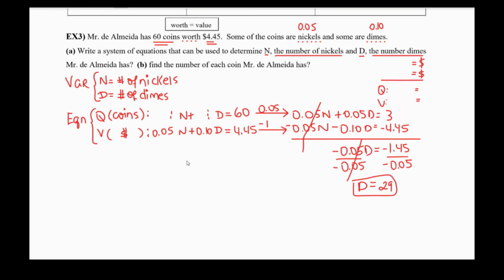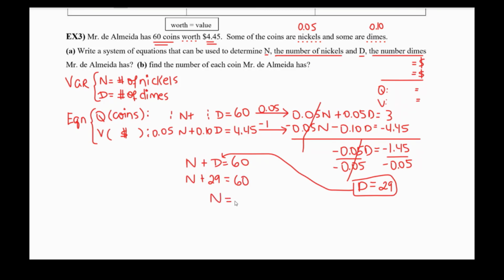To find the number of nickels, I'm going to copy one of these two equations. I'm going to copy the top one because it's much simpler. That way I bring the d over here to substitute. So this is n plus 29 equals 60.